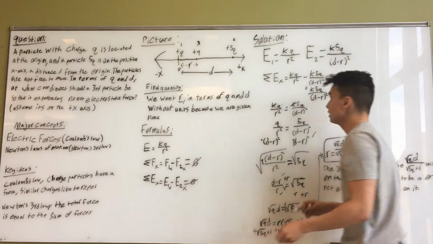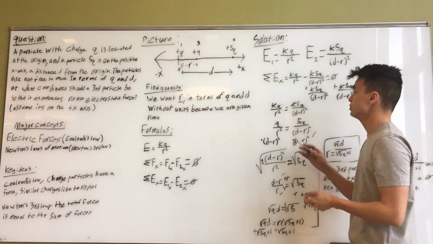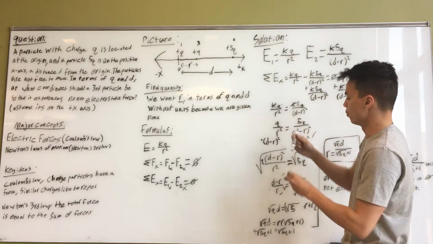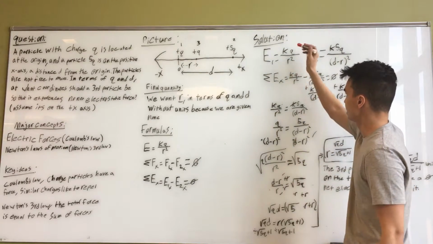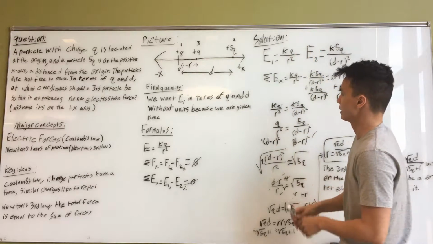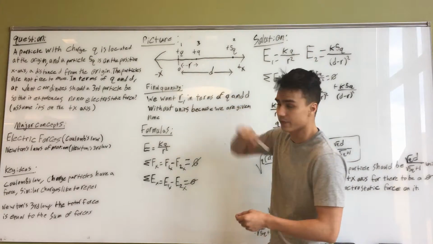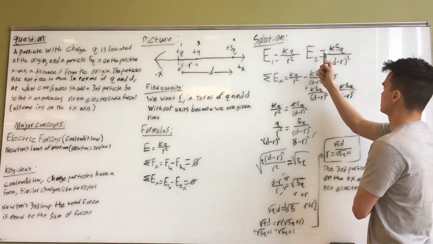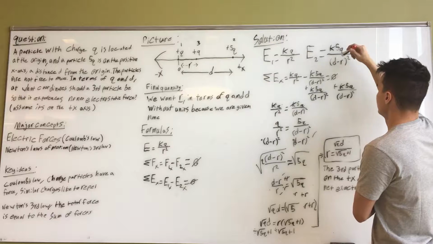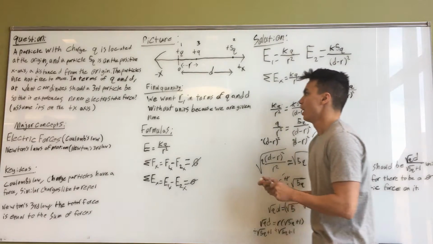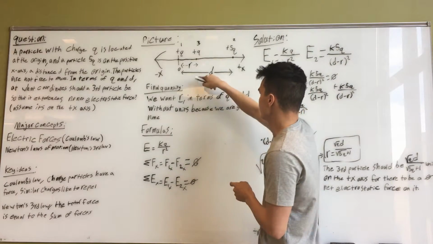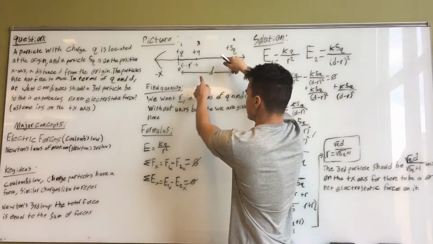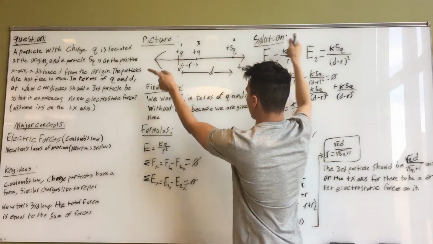So now that we have everything we need, we have our solution over here. We find the electrostatic force of particle 1, which is kq over r squared. We can keep it as r because that is the variable we're solving for. Then electrostatic force 2 is going to be k5q over d minus r squared. Why is it not just d? Because we want the distance from particle 3 to particle 2, which is not d, it's going to be d minus r.